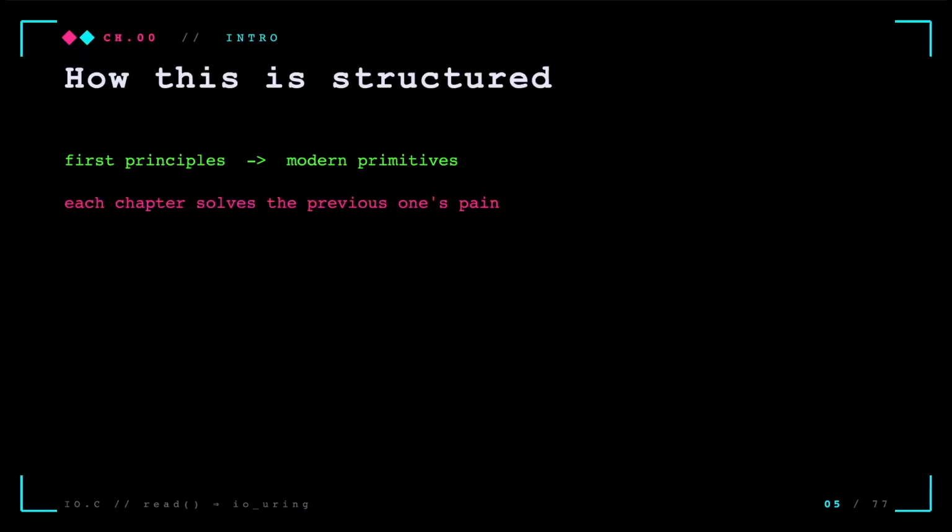The idea is that each chapter solves the previous one's problems or challenges. Starting from first principles sets an easy basis, and then we can go incrementally higher in difficulty until we finally understand how modern input-output programming works.